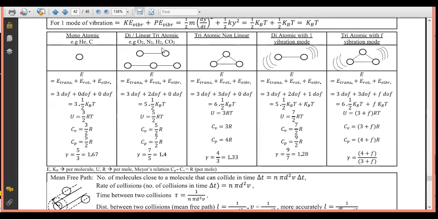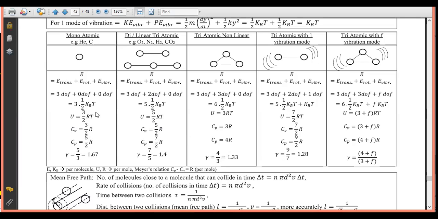If it is diatomic or linear triatomic, what did we say? We'll be considering 2 degrees of freedom for rotation, 3 degrees of freedom for translation. Here we are assuming no vibration. So 3 plus 2 will be 5. 5 into half kB. So go back and study, try to understand where these things are coming from and take this as a formula. Once you are able to do the first one, all the other things are very, very easy.